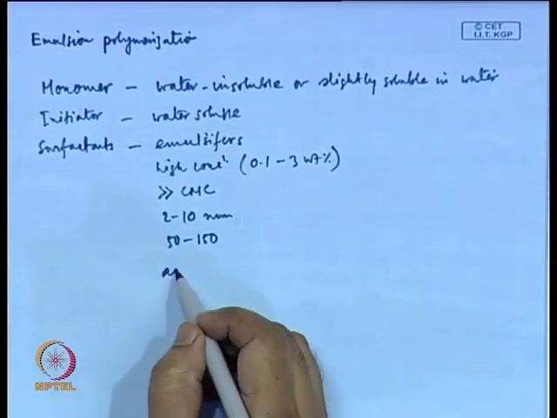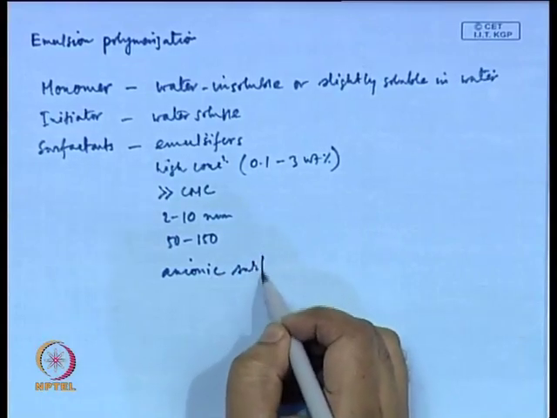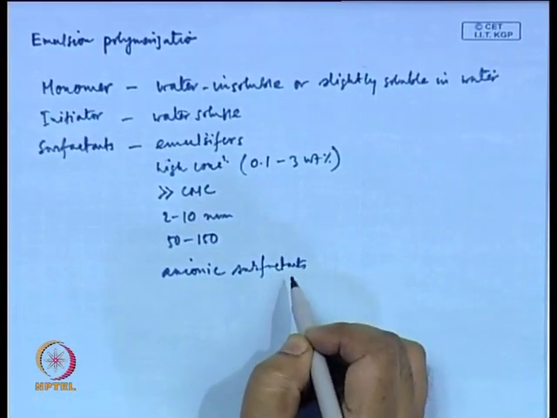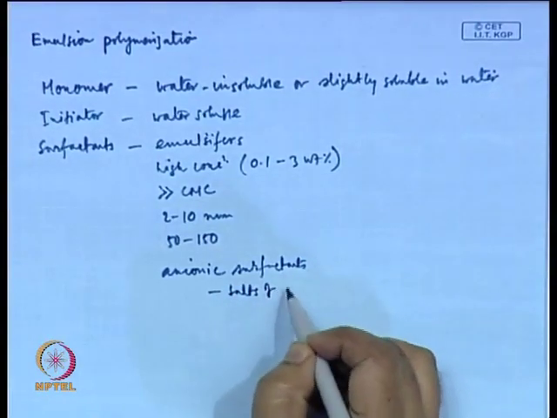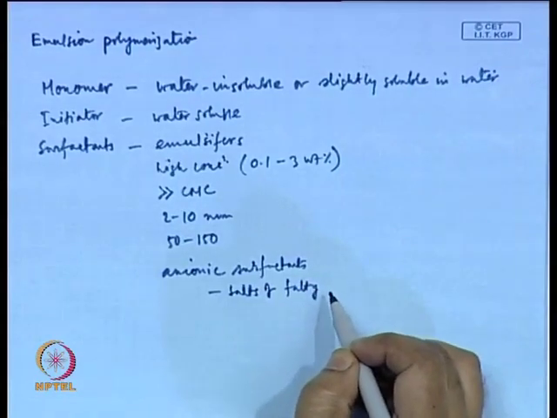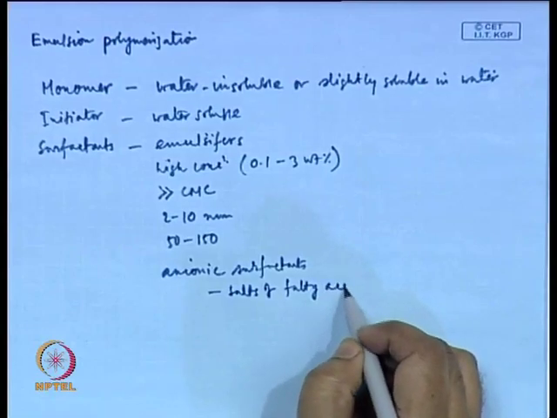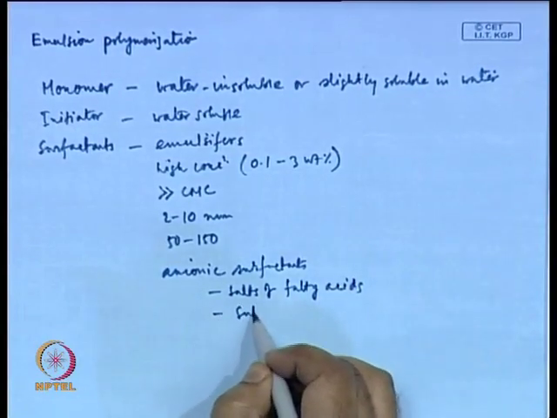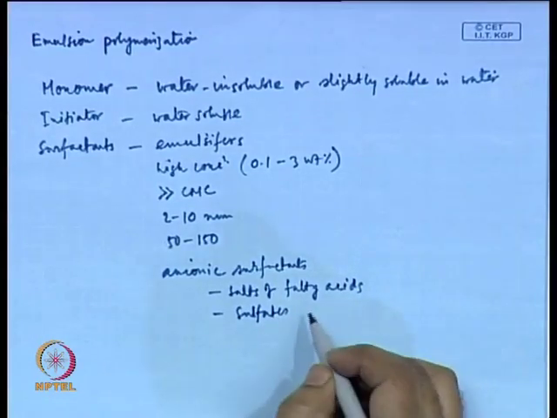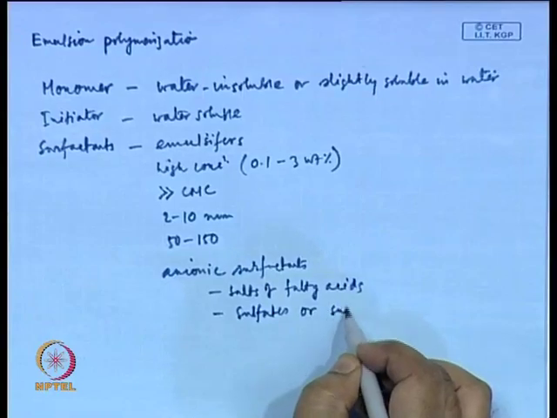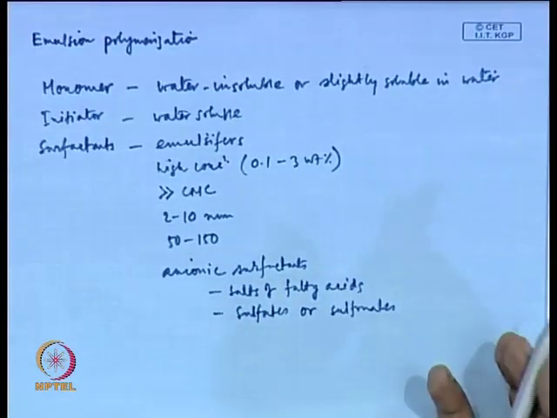Now, generally anionic surfactants are used for emulsion polymerization. Typically, these are salts of fatty acids, like sodium or potassium salts of palmitate or stearate or laurate, or sulfates like sodium lauryl sulfate or sodium dodecyl sulfate, or sulfonates like sodium dodecyl benzene sulfonate.